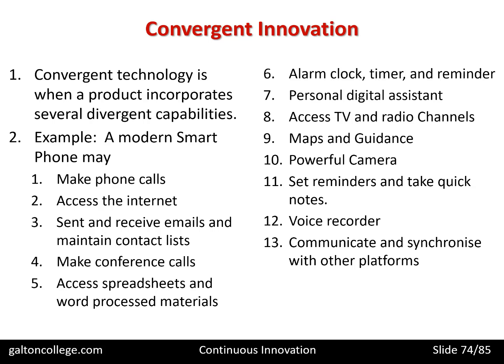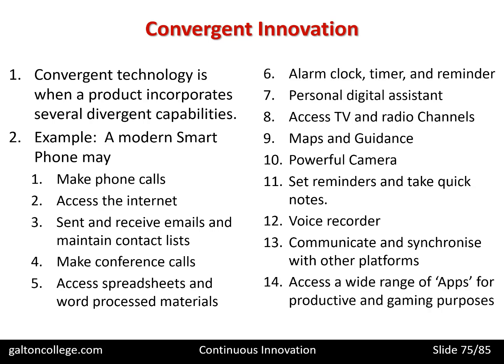If we have an iPhone, we can talk to an Apple computer, or to a PC. So we're able to communicate across the network. We're able to access a wide range of apps for productive and gaming purposes. We can play games on the phone.